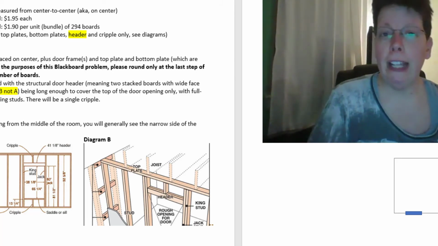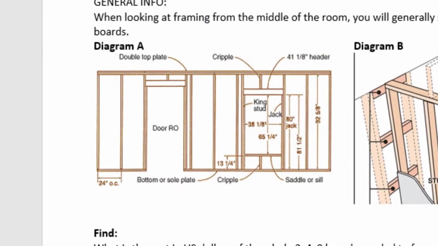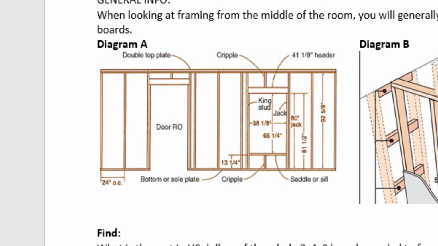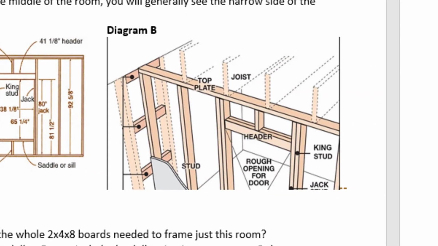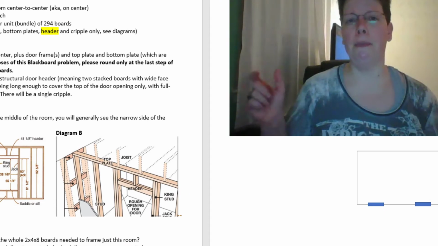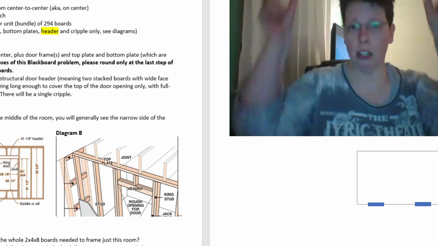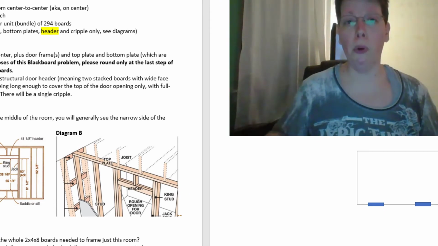It will have full-length jack studs and door studs. Sometimes the jack studs are actually covered by the header, and then the king studs go all the way around the header. It just depends on how you like to frame your rooms. So I had to specify that so that you would know that both the jack stud and the king stud are full-length boards.